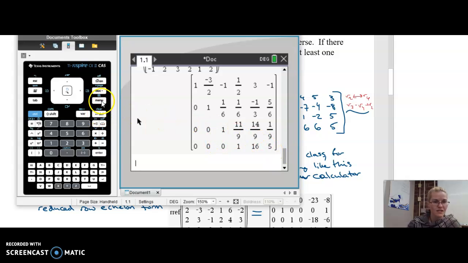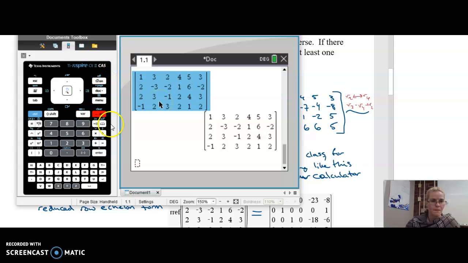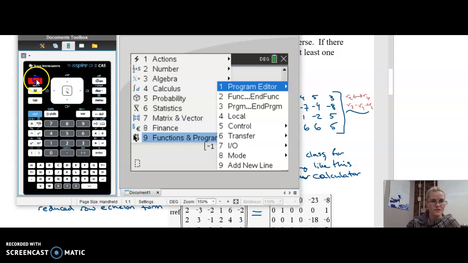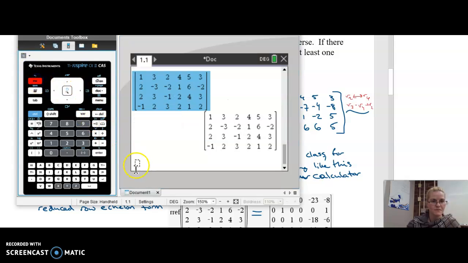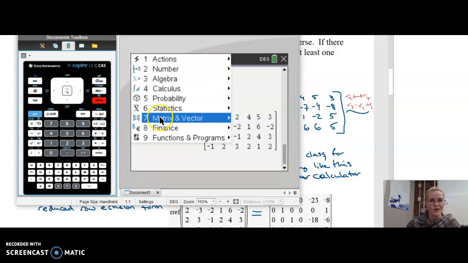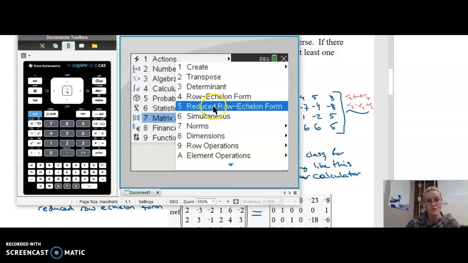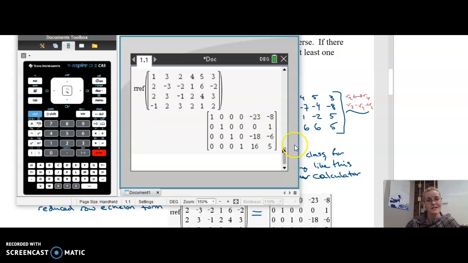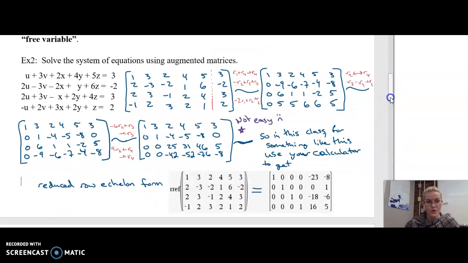If, however, I were to just delete that, menu, matrix vector, reduced row echelon form of that matrix. As you can see, it actually works out to be a pretty nice looking matrix. And that's what I have for you right here.